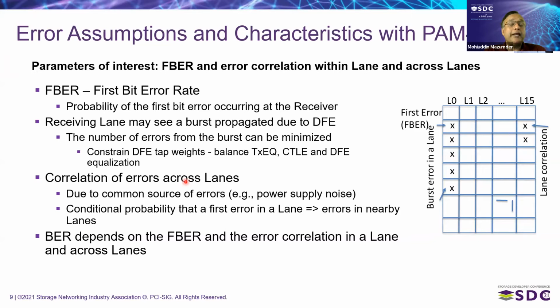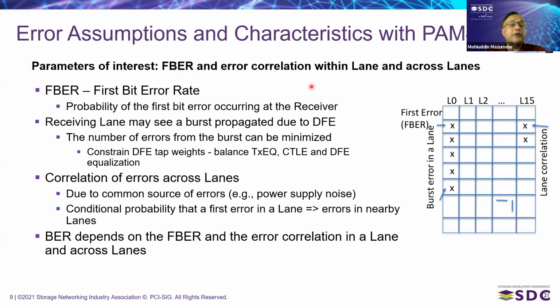As we know, in other standards, PAM4 signaling needs strong FEC, which then comes with latency increase as well as complexity and area and power. So our goal is to address that. So some of the key parameters of interest are FBER, which means first bit error rate, which is the probability of the first bit error occurring at the receiver before any burst error happens.